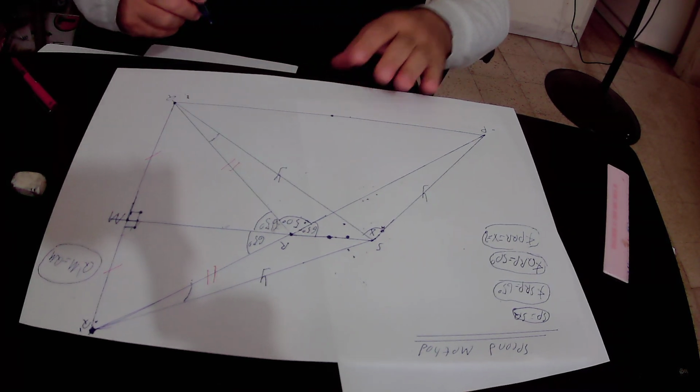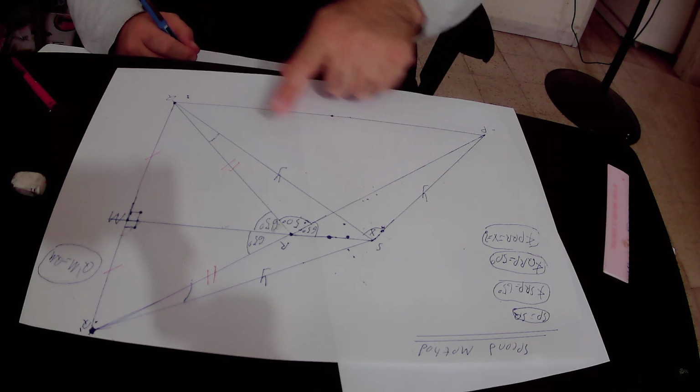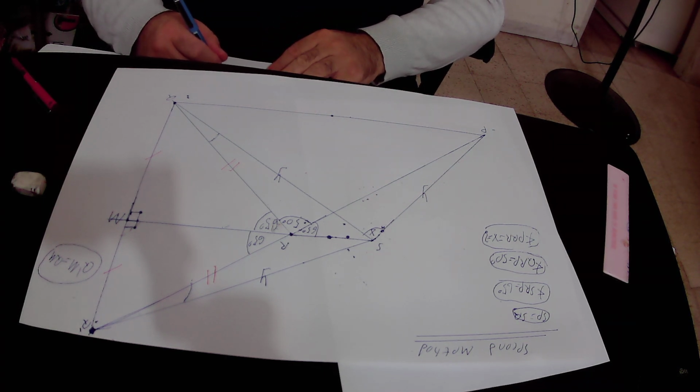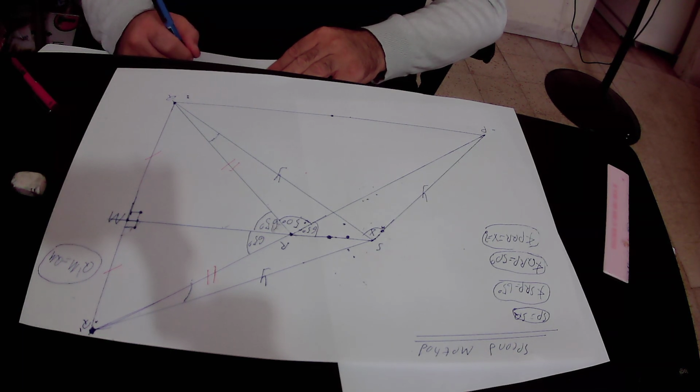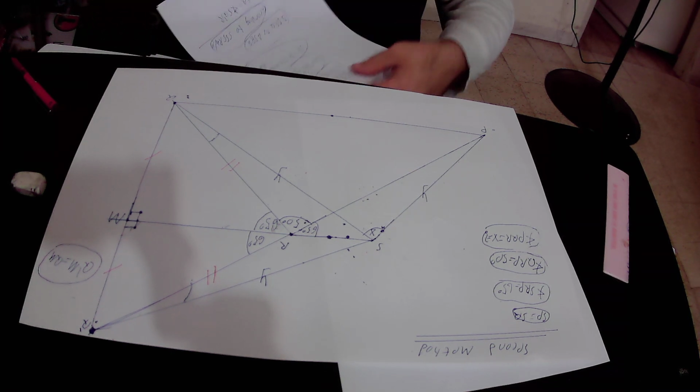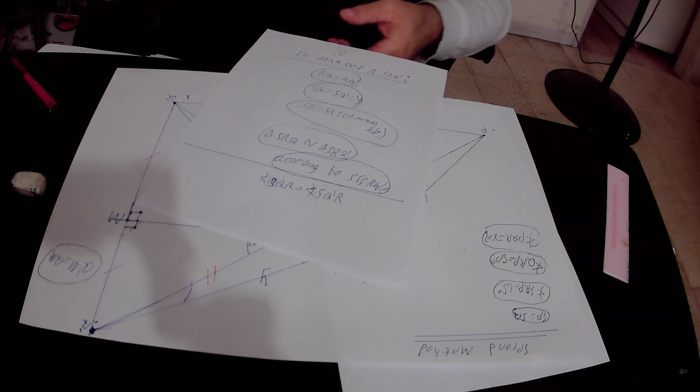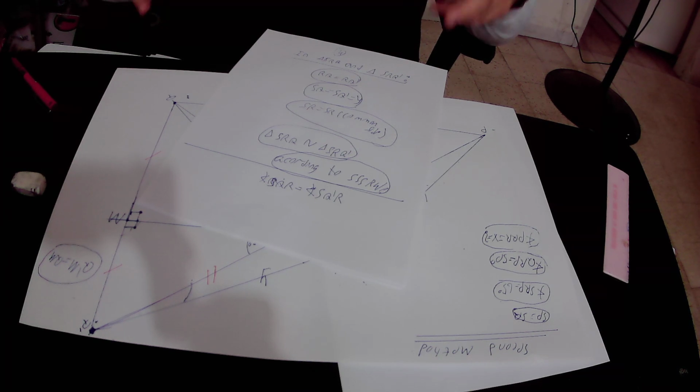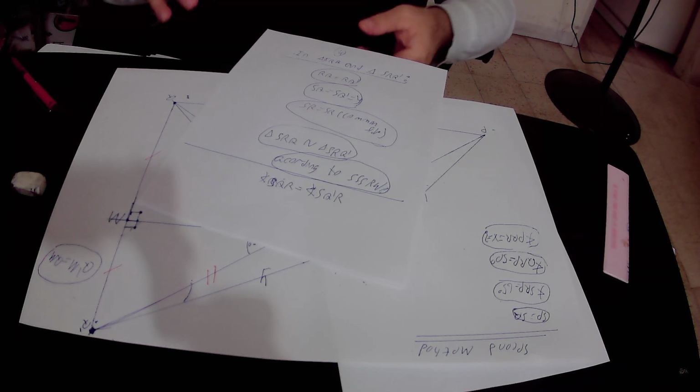Okay, so we can write down that angle SQR is equal to angle SQ dash R, according to the rule that corresponding angles in congruent triangles are equal to each other.